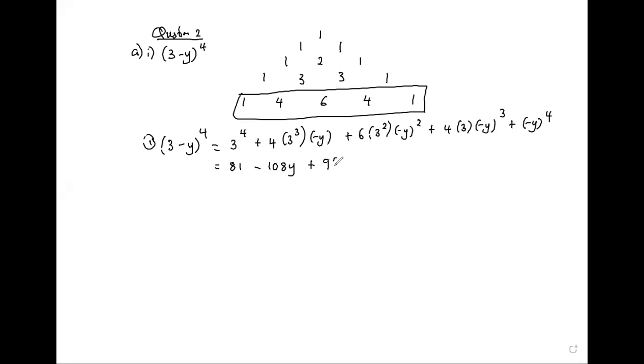Let me just say 9 by 6, it doesn't calculate the value there. And then plus minus y to the power 3, and then plus y to the power 4.